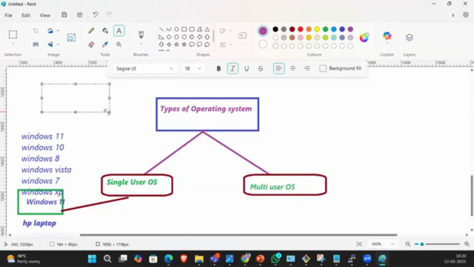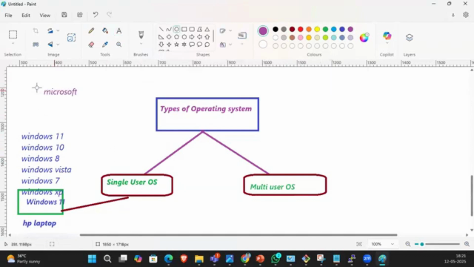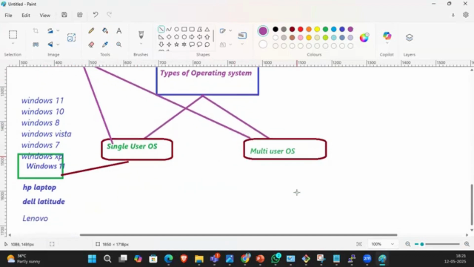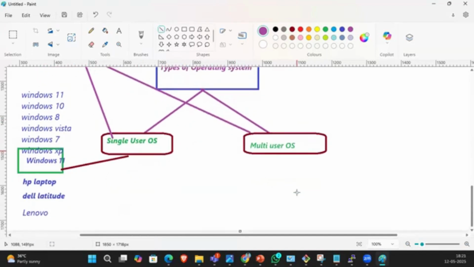So the Microsoft company created two types of OSs. One is for single user operating systems and the other is for multi-user operating systems.